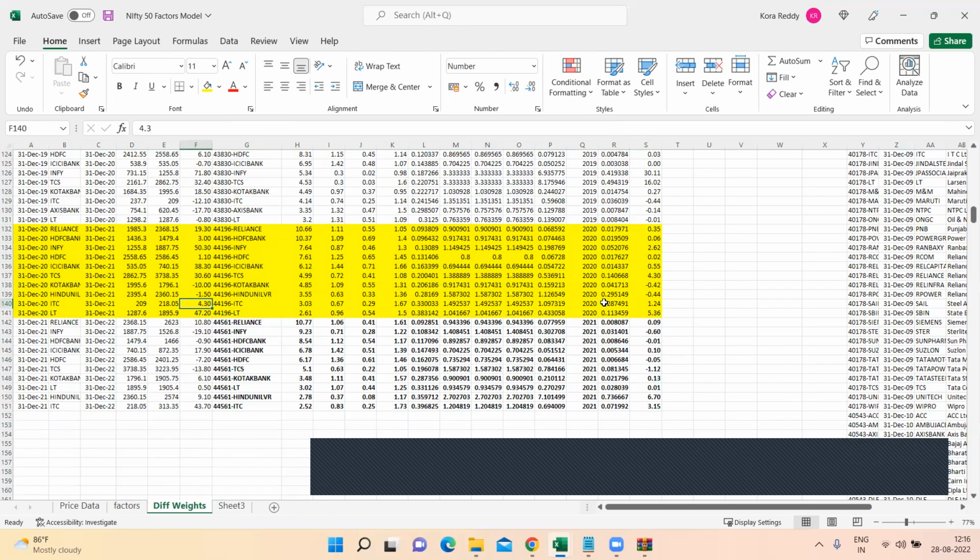And Hindustan Lever also had 30% weightage, and that didn't fire. So I underperformed last year.